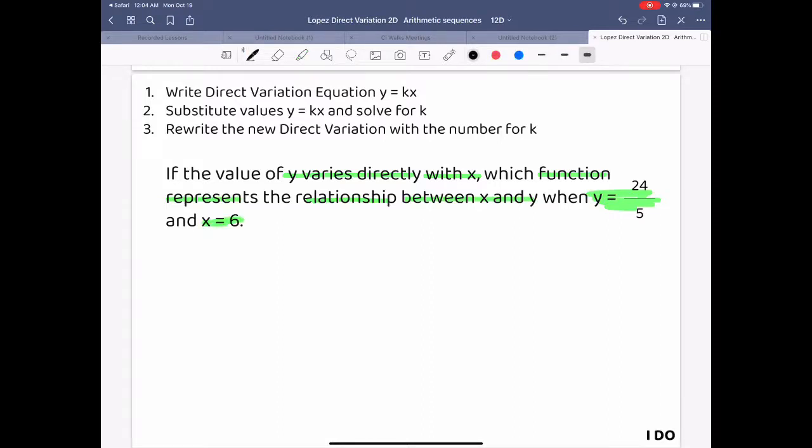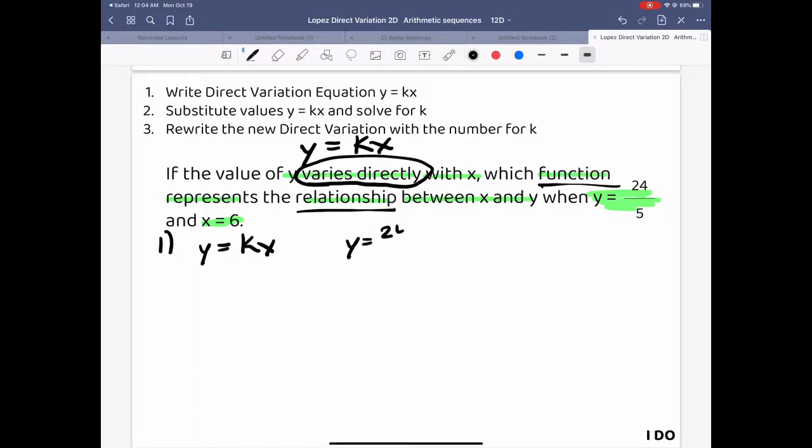So, ideally, what I want to do first is write y equals kx here, and I also want to write it above the words varies directly. Automatically, y equals kx. Anytime you see those words, varies directly, write it down: y equals kx. Now, this one is asking for the function, so I need to find what k is. So I'm going to go ahead and substitute. They told me y is equal to 24 over 5, x equals 6.